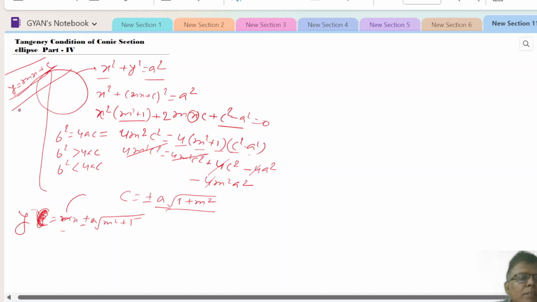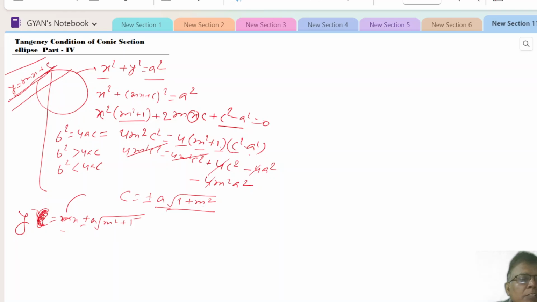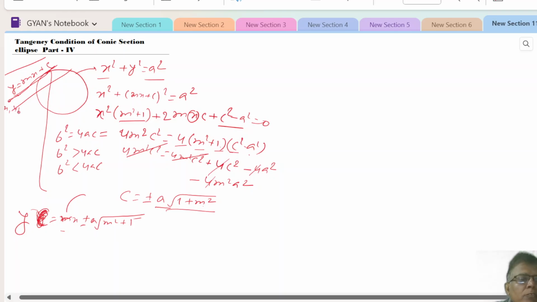Now from here we can derive another thing. Suppose this point is x1 y1. So this x1 y1 will satisfy this one. So y1 minus mx1, the whole square, will be a square times m square plus 1.